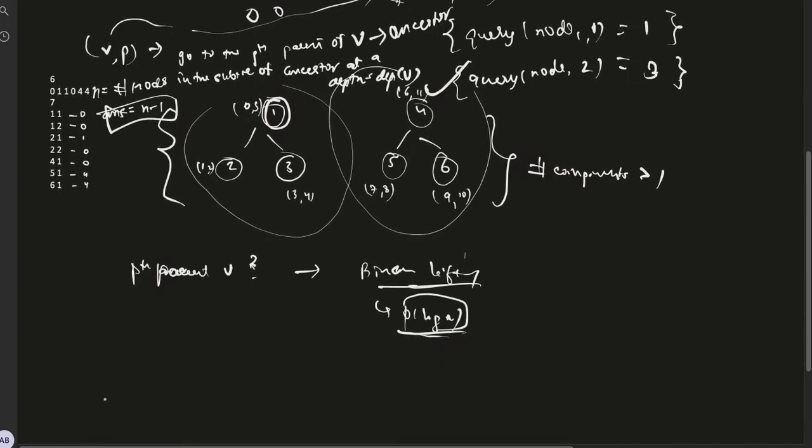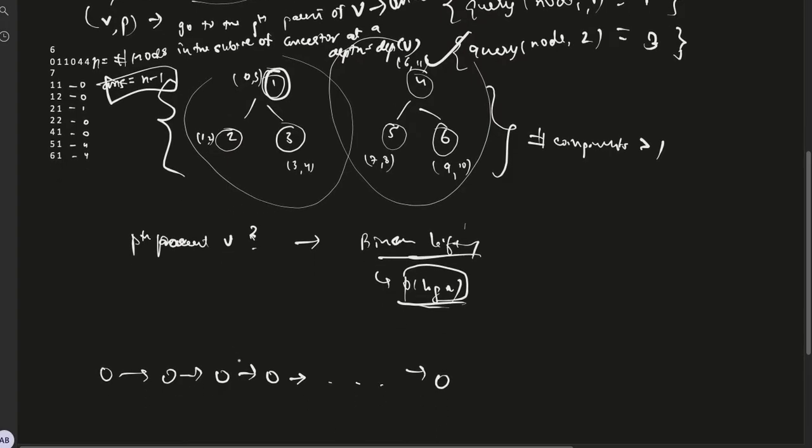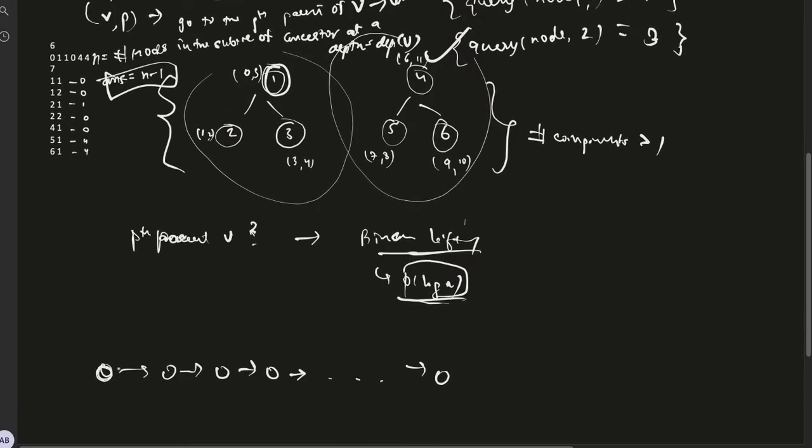So let's discuss what the broad logic of binary lifting is. To find the pth parent of v, first decompose p into its binary form. Let's say the binary form of p is this. We check whether this bit is on. This bit is on, so shift 8 places.